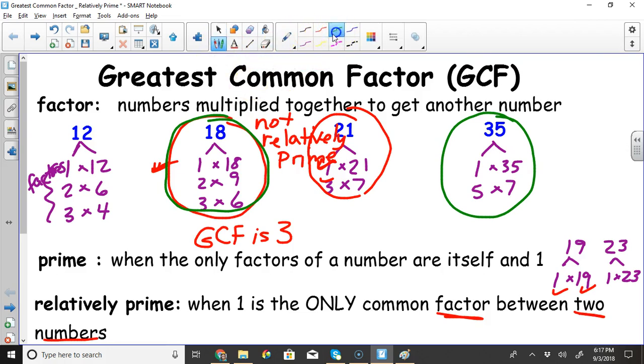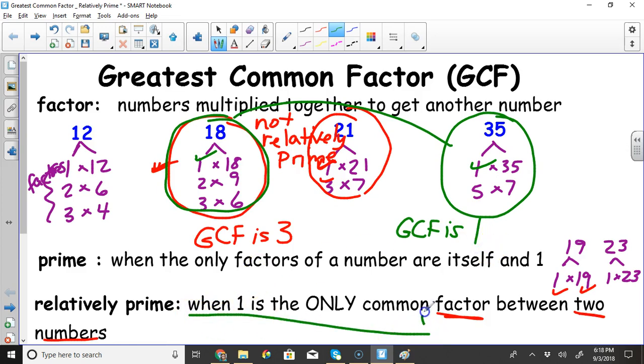So let's check it out. 1 and 1. 2, no. 3, no. 6, no. 9, 18, no. So for 18 and 35, the greatest common factor is 1, and it's the only common factor. So 18 and 35 are relatively prime.